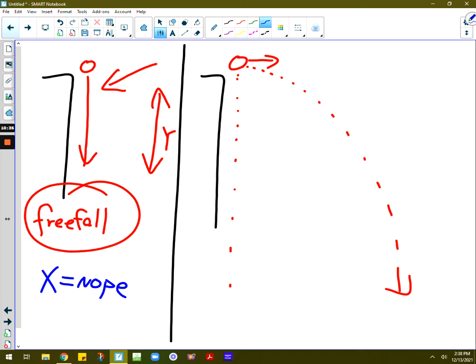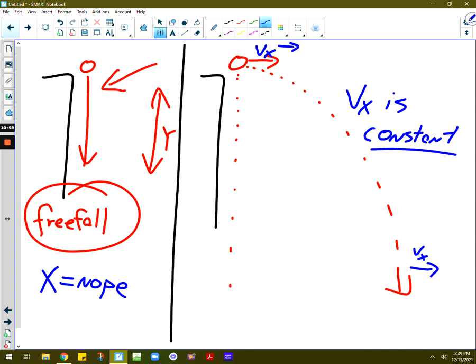If it's this right here, then whatever its velocity is that it's thrown at to start with is going to be equal to whatever its velocity is going forward when it hits. Because velocity of x is constant. In fact, it's constant here. It's just that velocity of x equals 0. It's just not going back or forth.